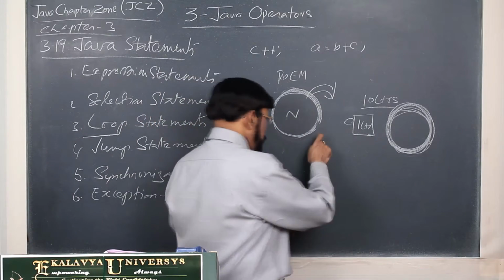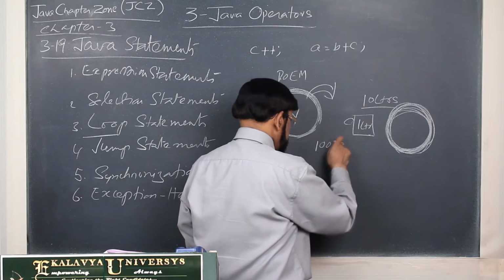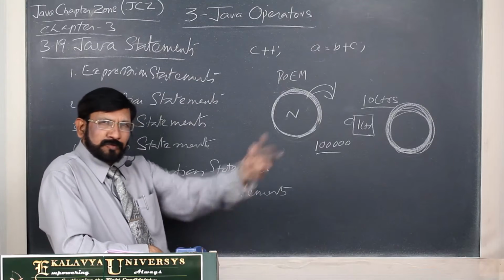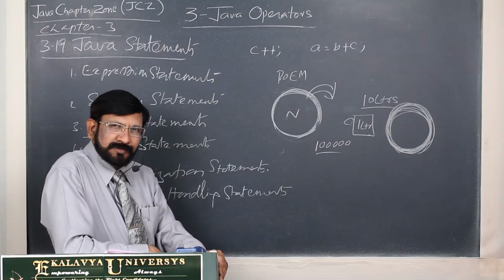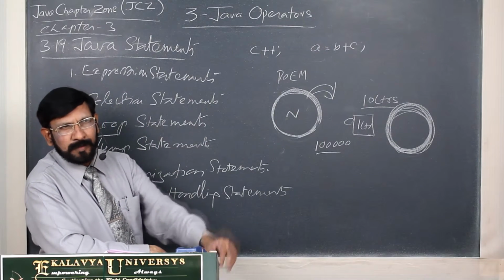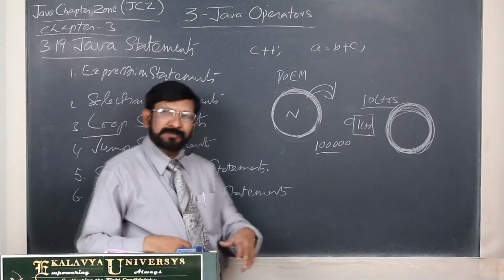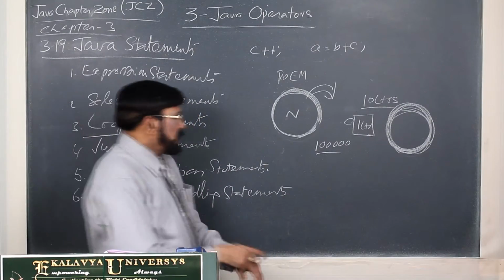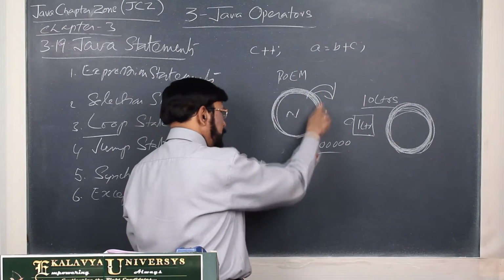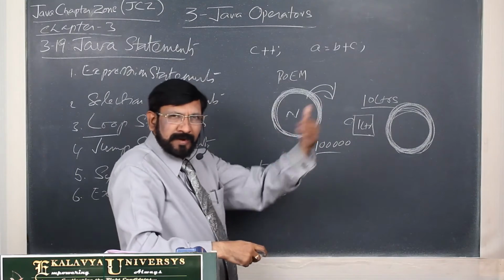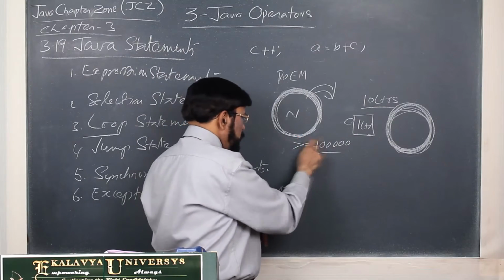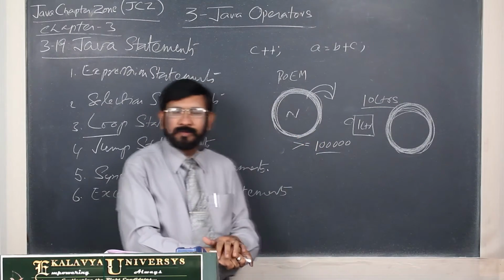One more example I give you. Suppose you want to collect 1 lakh rupees in contributions for a cause. Then you are approaching different people for contributions. Do you know how many people you have to approach to collect 1 lakh rupees? You do not know. Now what to do? You approach every contributor and every time you find the sum. At one point of time you get greater than or equal to 1 lakh.